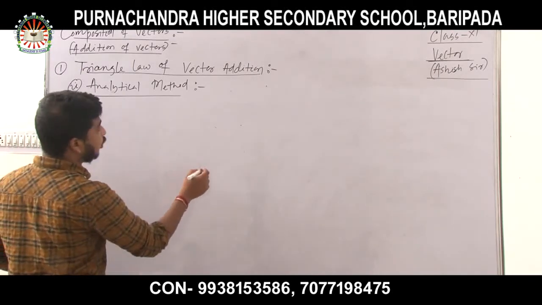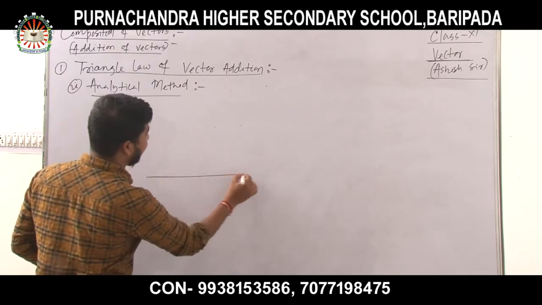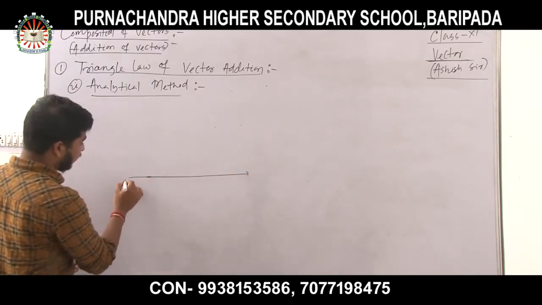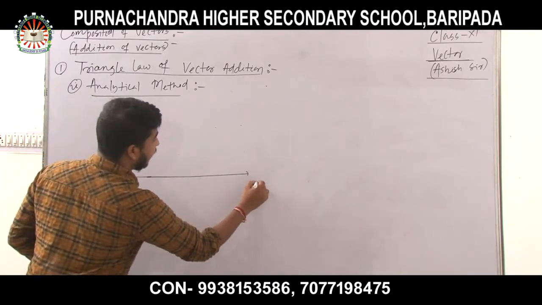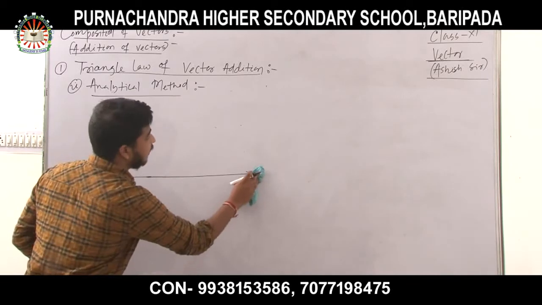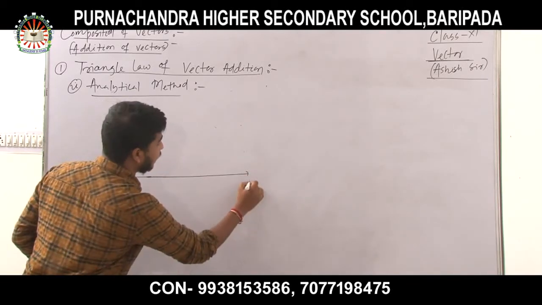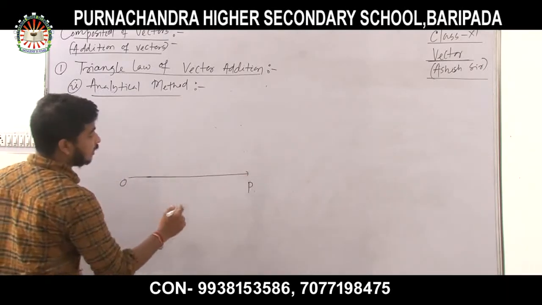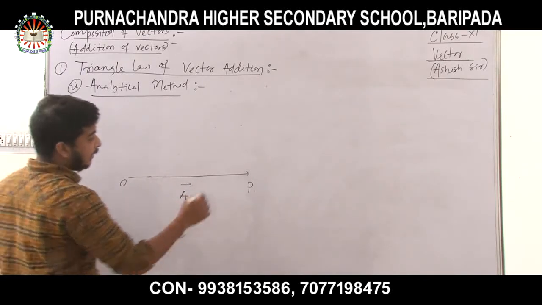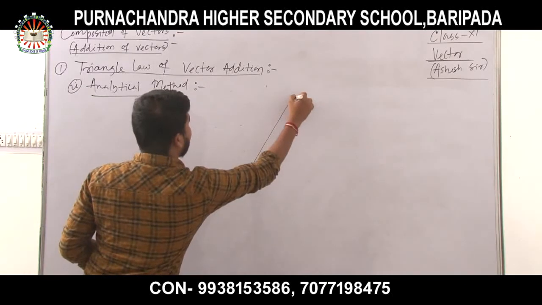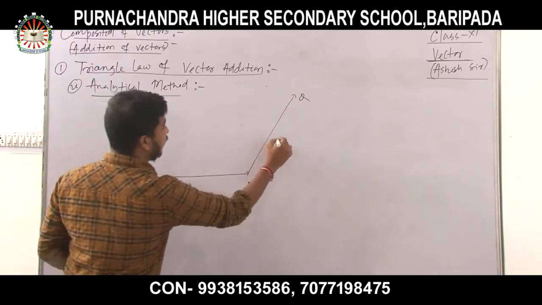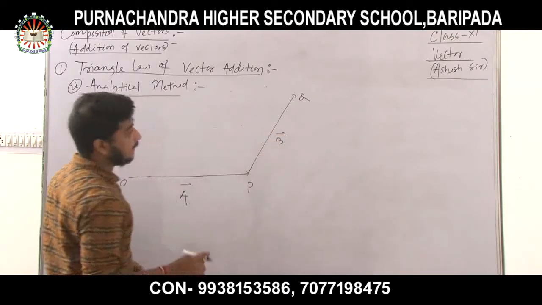Suppose there are two vectors applied on a body O. Suppose OA is a vector, OP. Let's name it P. OP is a displacement vector and this is A vector, and another vector P to Q, name it as B vector.